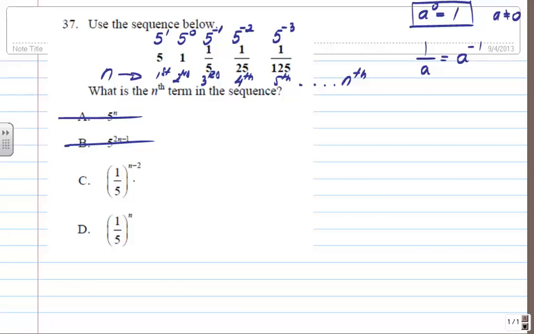Here I have 1/5 to the power of n minus 2, and the other one is 1/5 to the power of n. Which one of them can you use to write the sequence here?